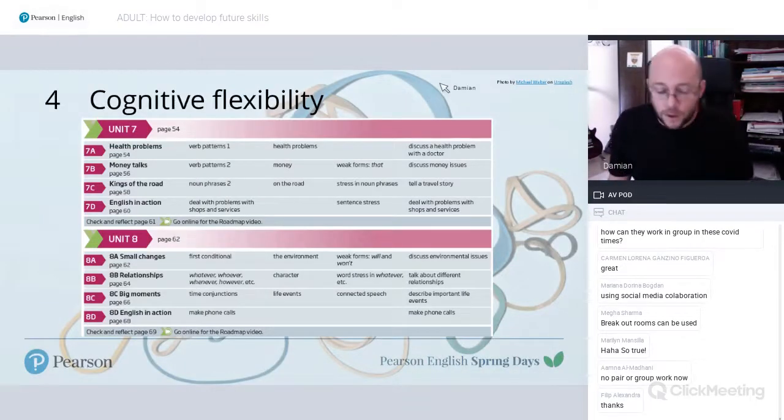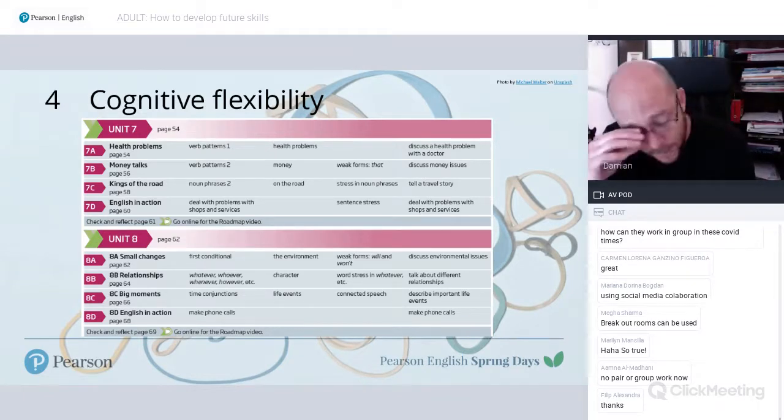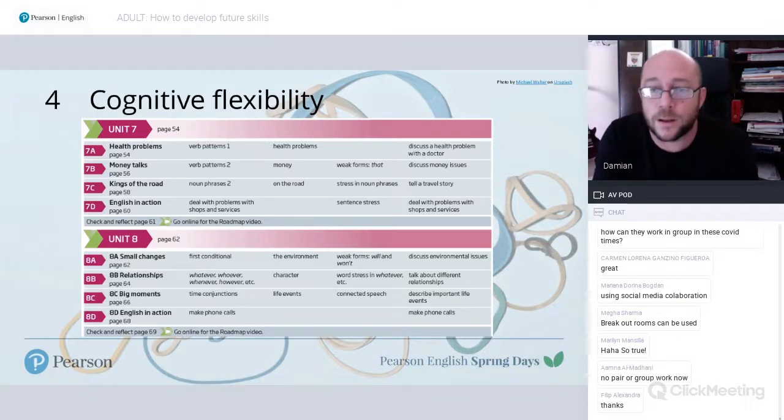Okay, so in terms of cognitive flexibility, one thing that we discovered before we started writing Roadmap, we carried out extensive research into what teachers and students want. And one of the things that came up was this idea of topic fatigue.